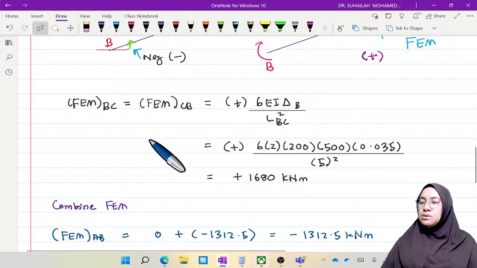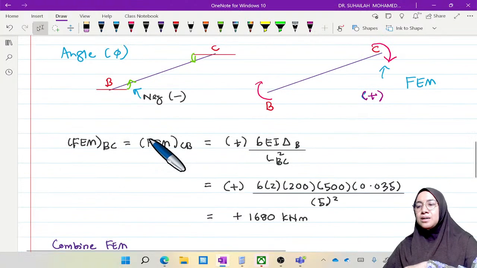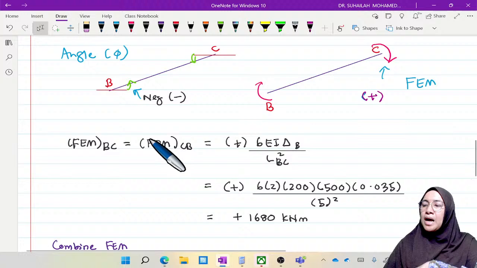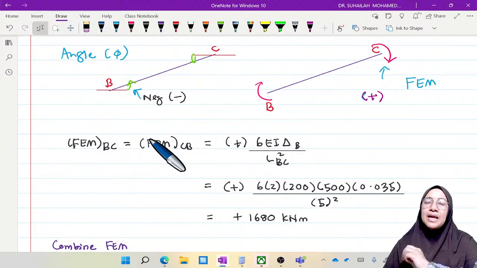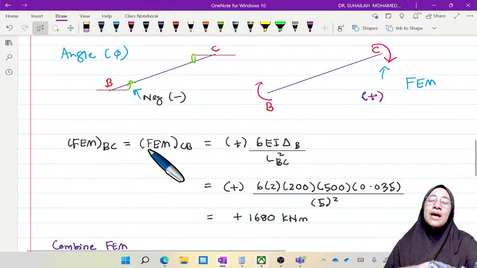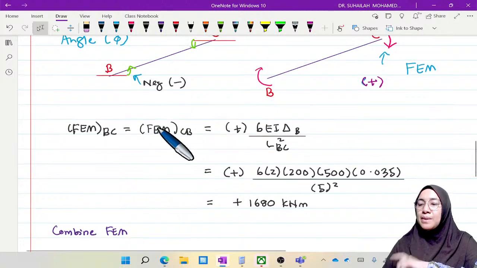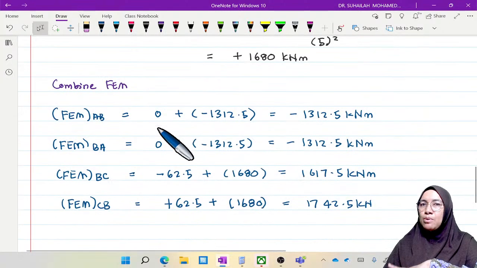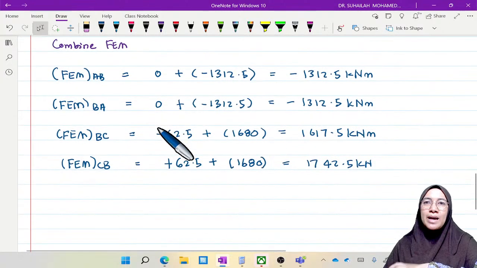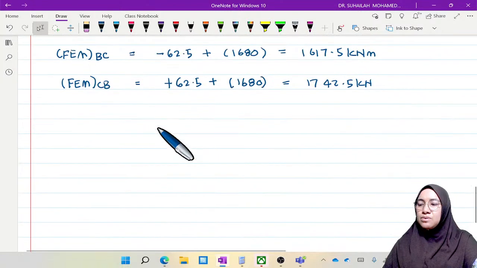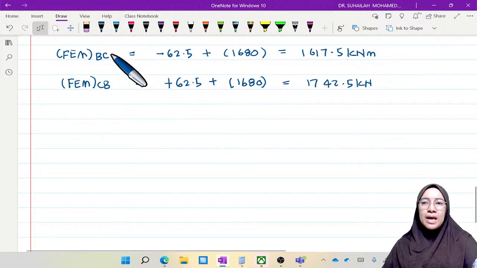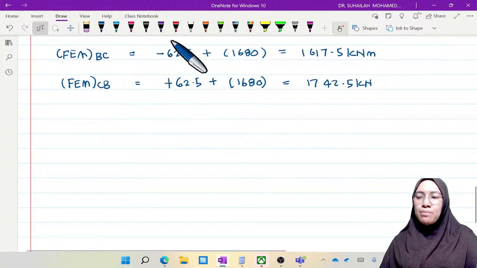In this FEM, I assumed that both ends are fixed. So we will make a modification in the table because A is a pin and the final moment at A must be 0. Please see how I modify the table in order to get back 0 moment at support A. So we move straight to the table.